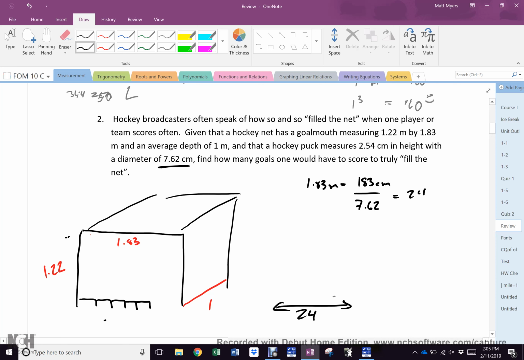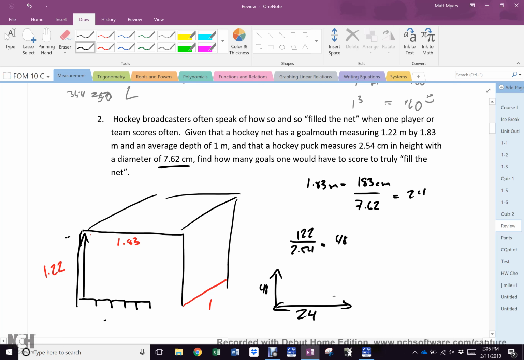Agreed? How many pucks will fit up and down? 122 divided by what? 2.54. How many pucks will fit up and down? 48.